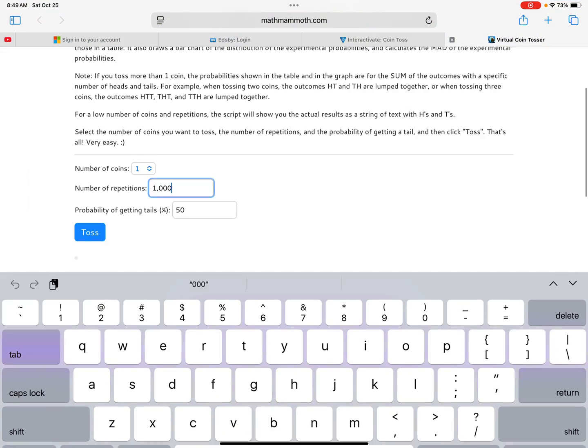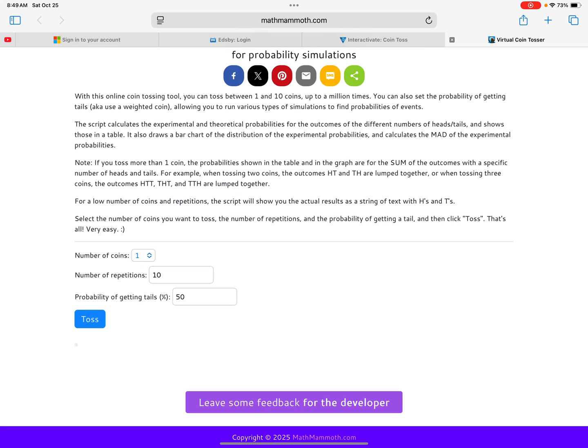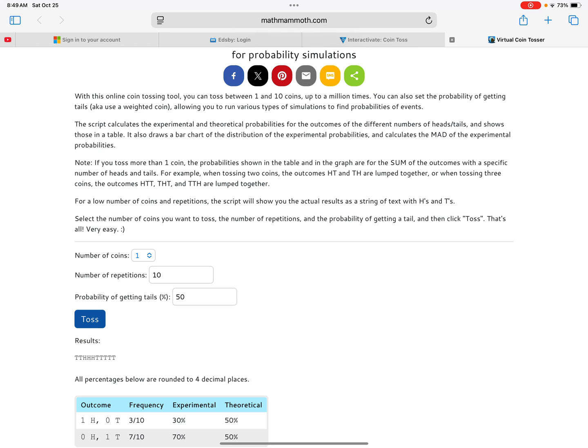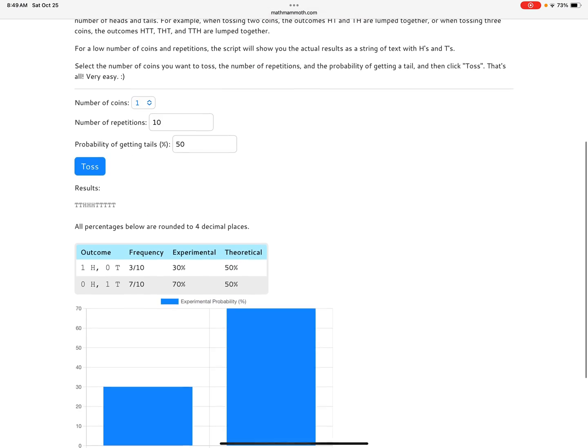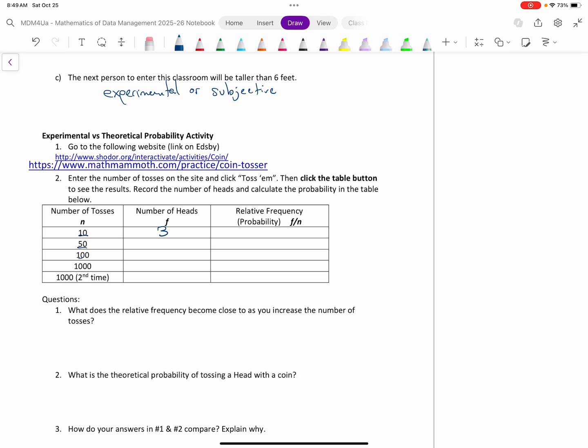So I'm going to change this here, repetitions to 10, and I can leave the probability of getting tails or heads at 50, and I just press toss. Down below, it gives me my outcomes. So we got 3 heads. I'll put that in here, so you can put whatever you got. Then it asks for relative frequency.